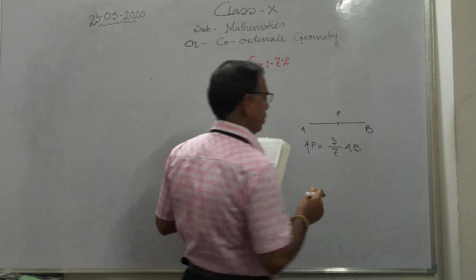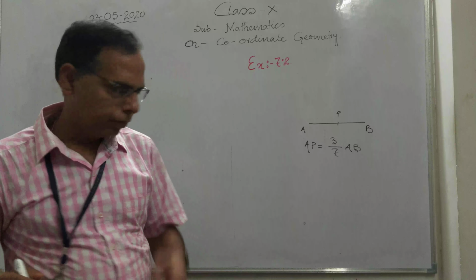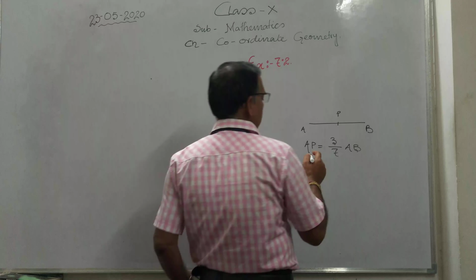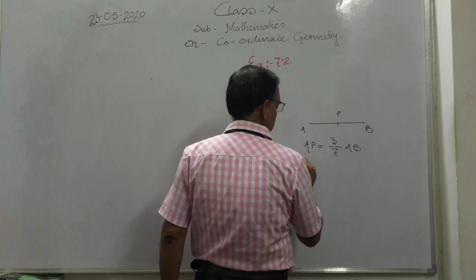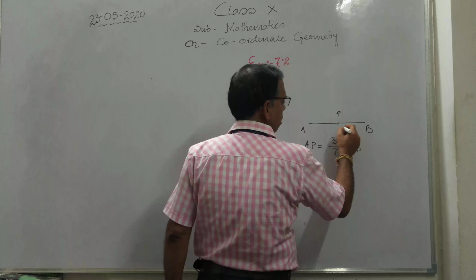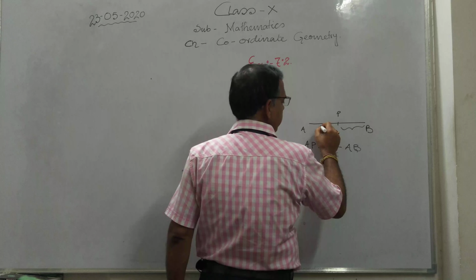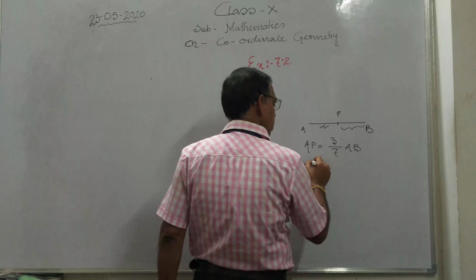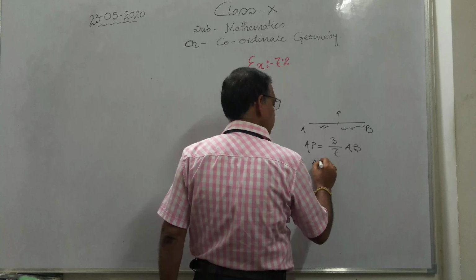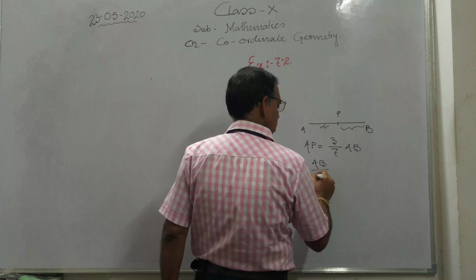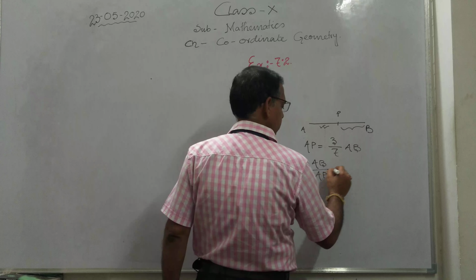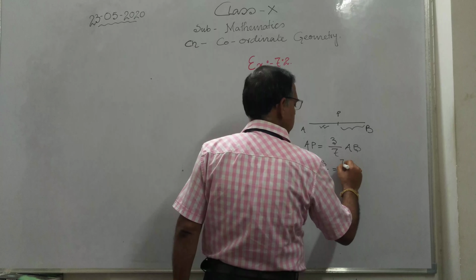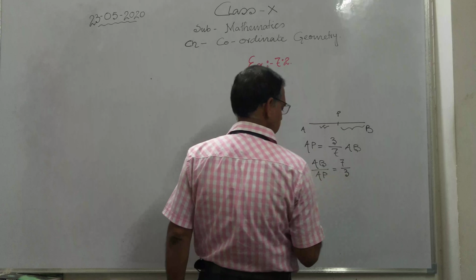But we need this part also. This part we already got, and this part we need. Then what we have to do? AB by AP equal to 7 by 3.